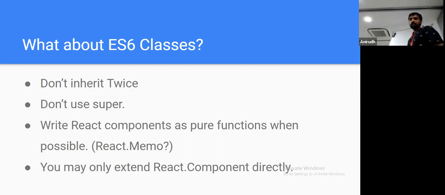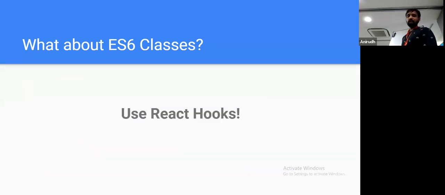Always write components as pure functions whenever possible. You can also use React.memo for that. And you can always extend through the React.Component class, but then there are a lot of things you need to follow. Or there is an alternative: you can just use React instead of ES6.